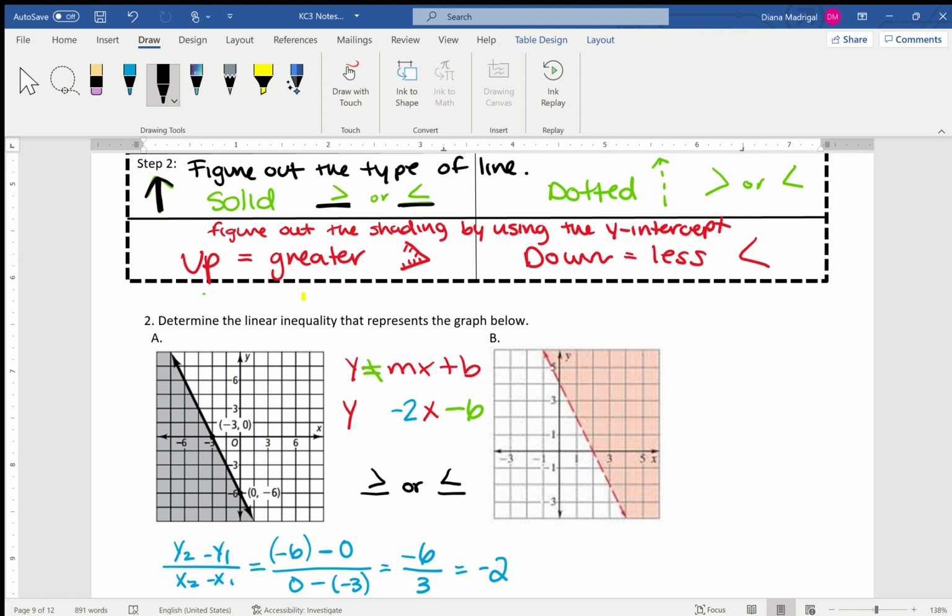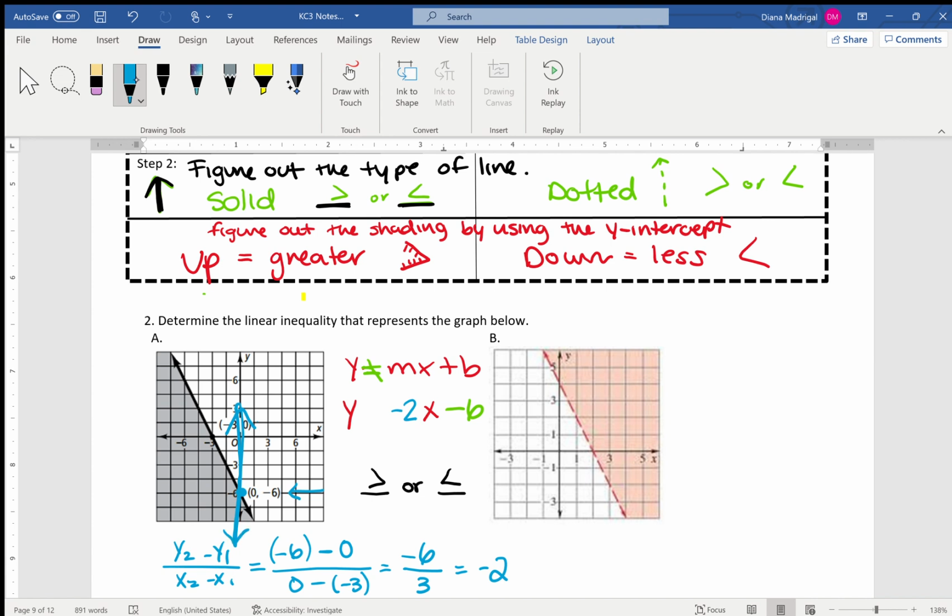Let's figure out the next step. Step number 3: figure out the shading by using the y-intercept. The y-intercept is the number for b, the starting point. That right here is this one. From here, I'm just going to make a straight line. From this straight line, I know that I can go up, and I can go down.